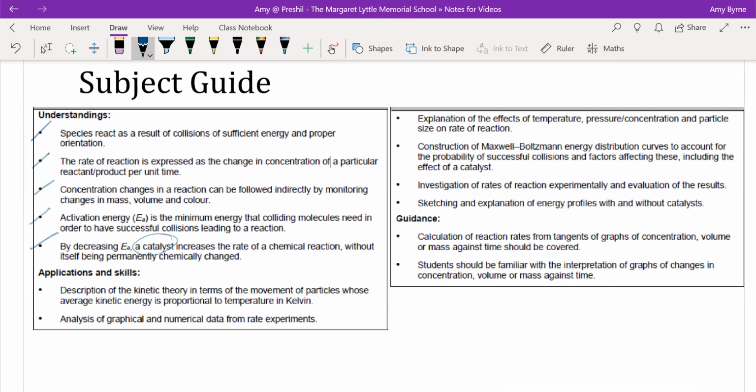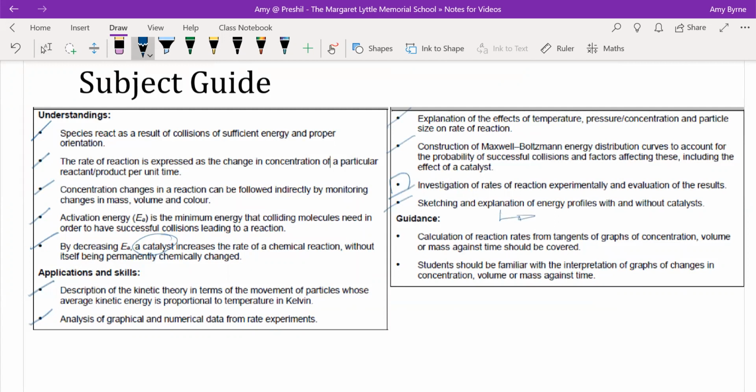We talk about kinetic theory a little bit. We analyse graphical and numerical data, explaining effects of those, making Maxwell Boltzmann. This investigation needs to be done in the lab, so I'm not going to be discussing it in this video. And looking at energy profiles.